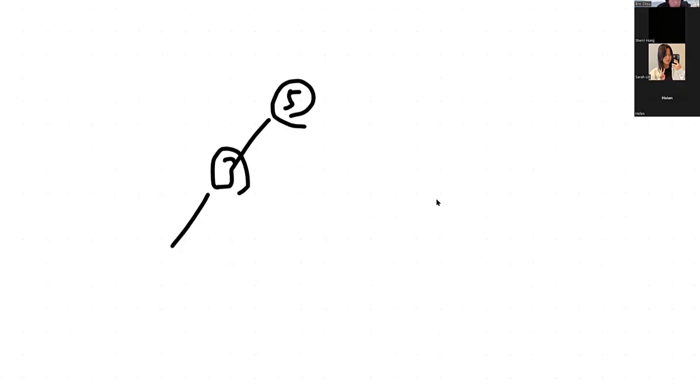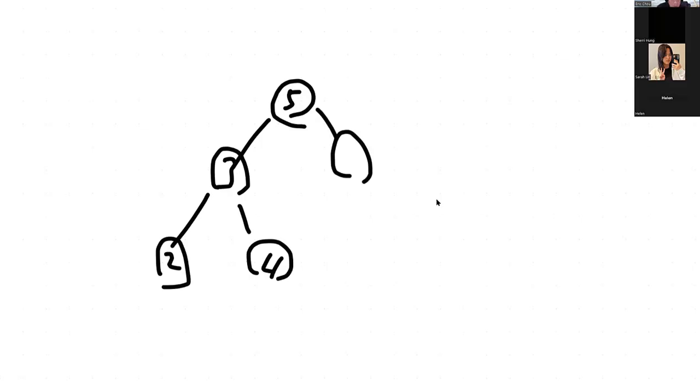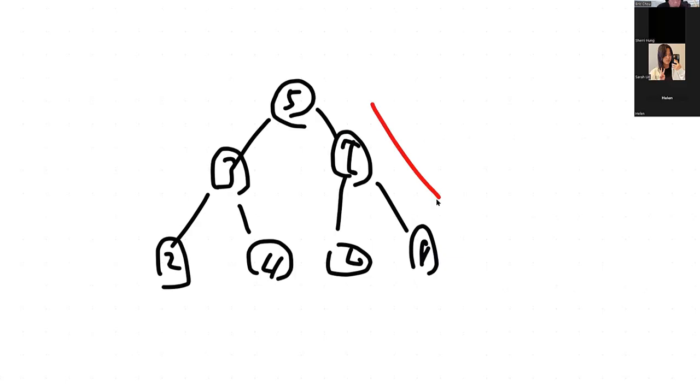So basically, you build a tree, and then you have say 5, and then 3, and then 2, and then 4, and then 7, and then 6, and then 8. In a binary search tree, the right side is always bigger than yours, and the left side is smaller than yours.